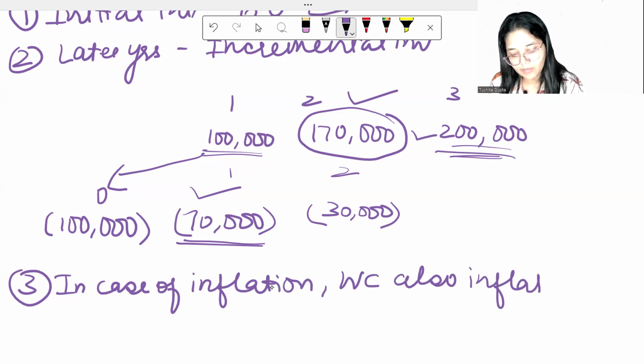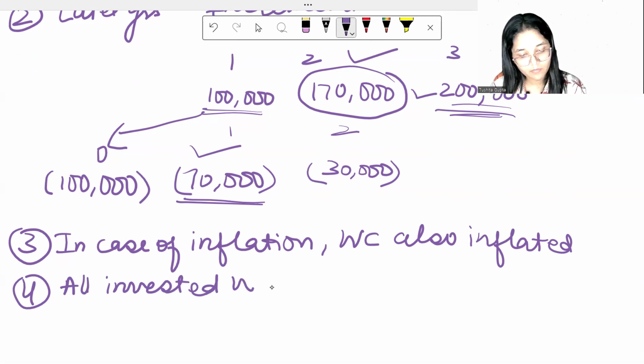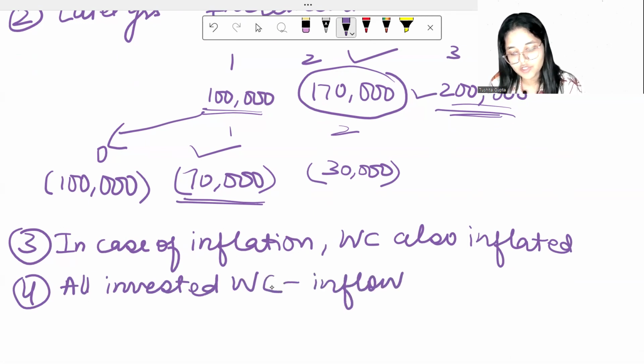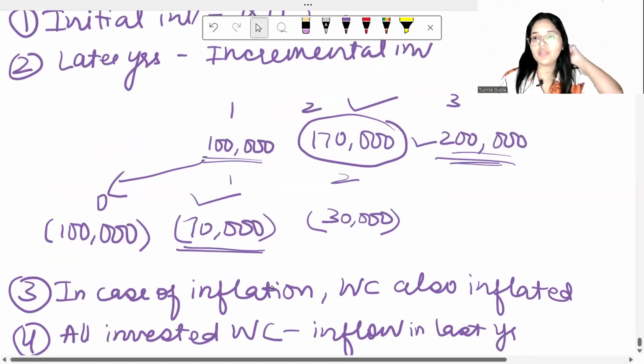All right. And the next point that we have over here is that all invested working capital is going to come back to the business. Hence, it should be shown as an inflow in the last year. So let's suppose my project was for 3 years only, and now the project has ended.